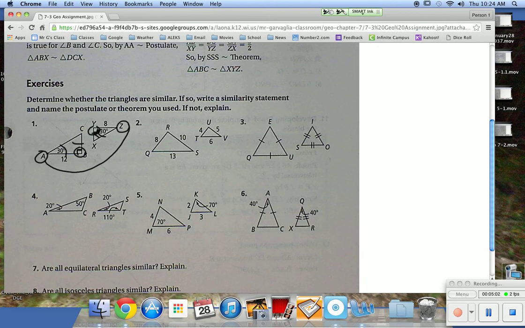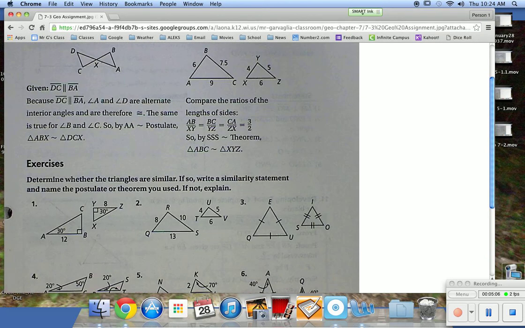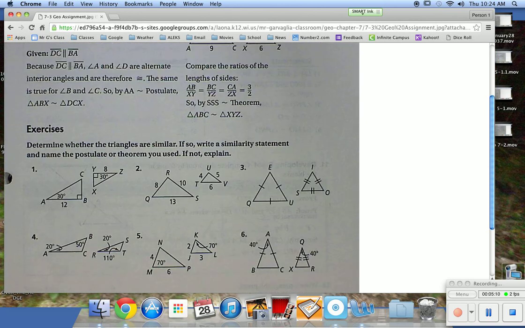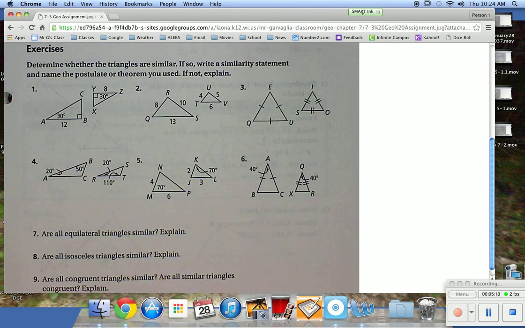Postulate used. This is going back to past chapters. If you remember what we said, if two angles of a triangle are congruent, then the triangle is congruent. If two angles and a side are congruent. In this case, we're going to say similarity. If two angles of a triangle are congruent, then the triangles are similar.